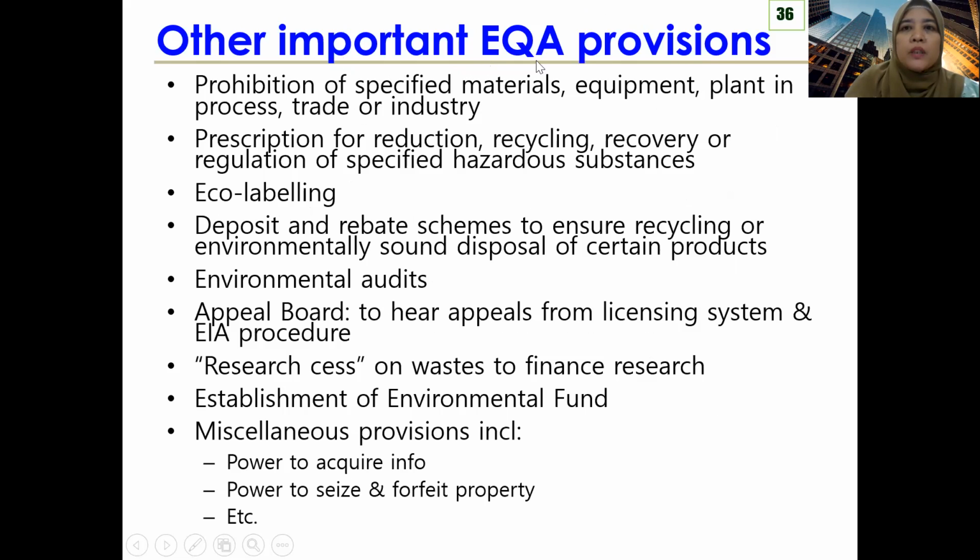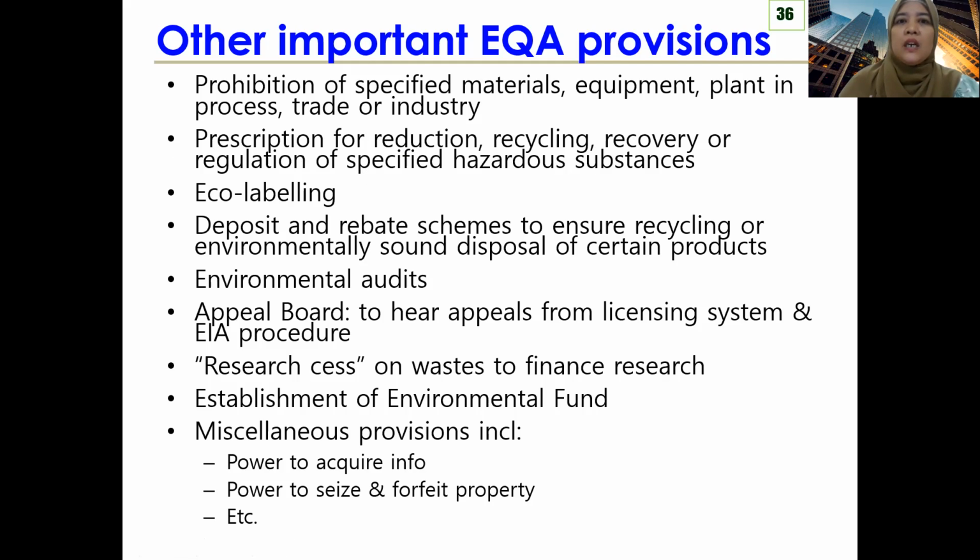And what about other important EQA provisions? Prohibition of specified materials, equipment, plant in process, trade or industry. Prescription for reduction, recycling, recovery or regulation of specified hazardous substances. So inilah contoh-contoh EQA. Other things inside the Act just now, besides the licensing of prescribed premises, besides the EIA requirement for prescribed activities, EQA also contains these other provisions.